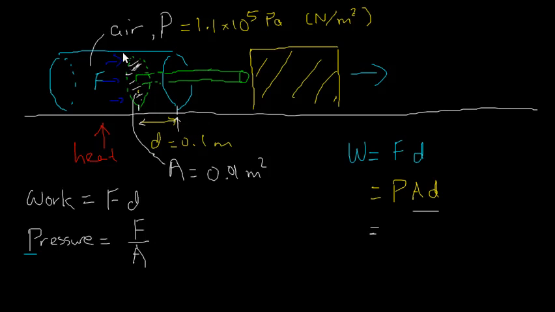This increase in volume is just the area times the distance. It's just A times D. So A times D actually has a meaning: it means the volume increase.